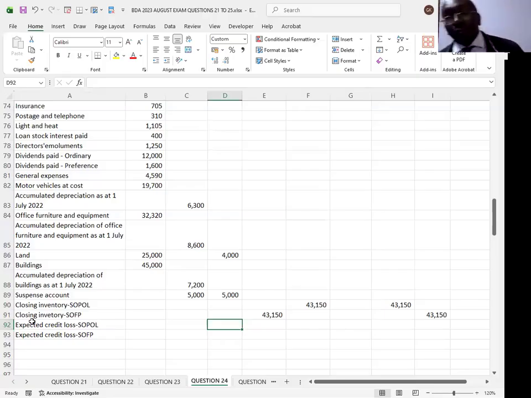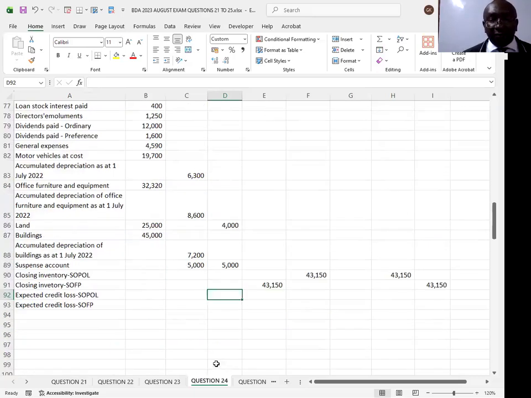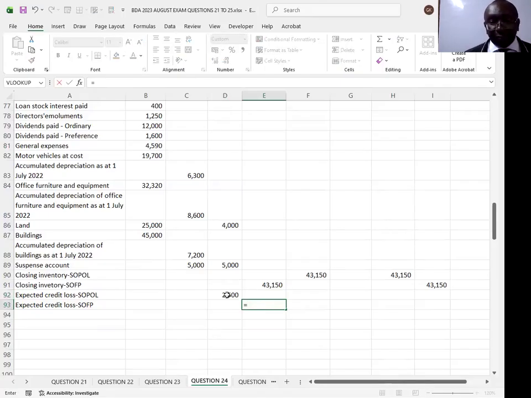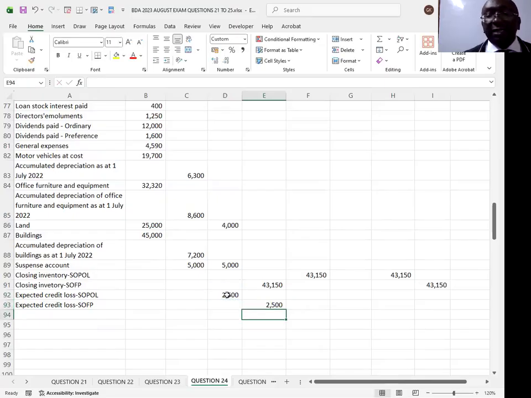So this increase, this one, we shall bring the 2,500 here. We debit, then we come and credit here. It should go as a credit.